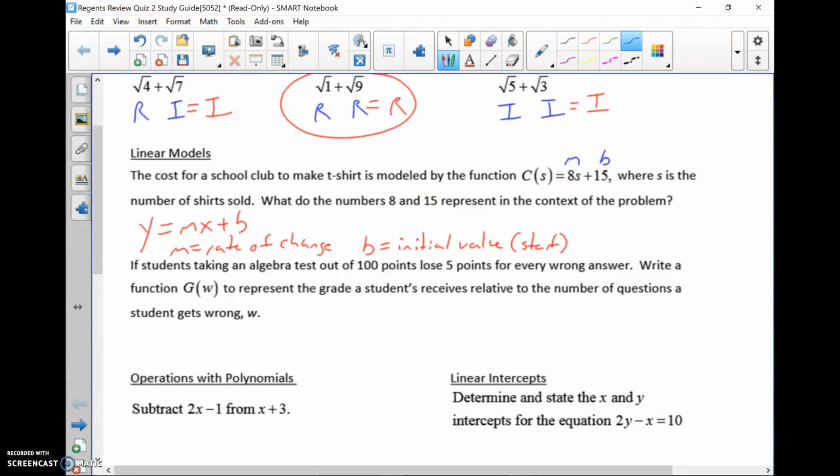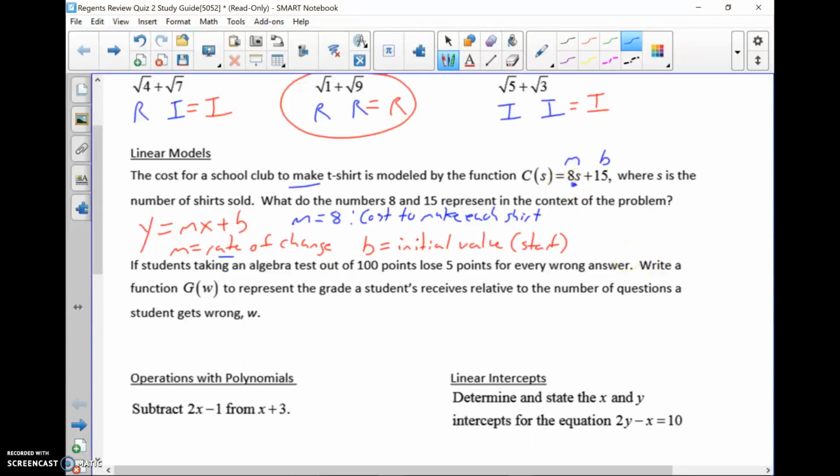What this typically probably means is the m of 8 represents the cost to make each shirt. So the more shirts you make, the more money it's going to cost you to make them. And so it's 8S, $8 per shirt. That's the rate, the slope.